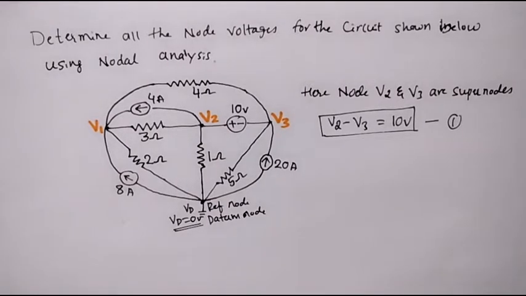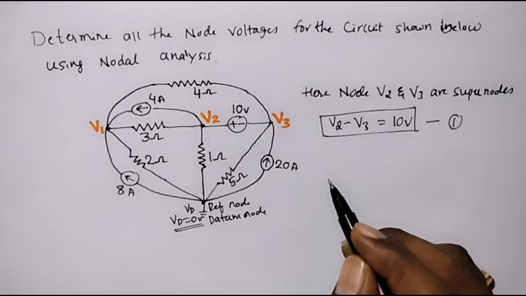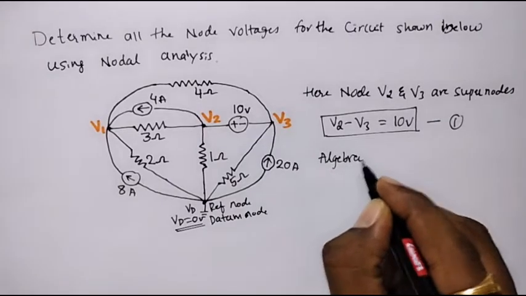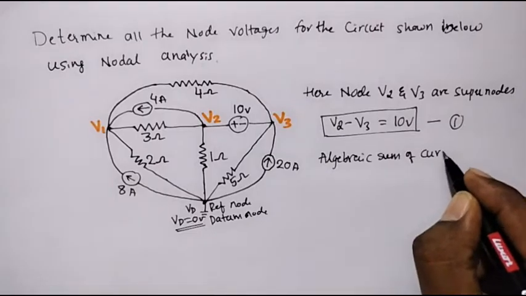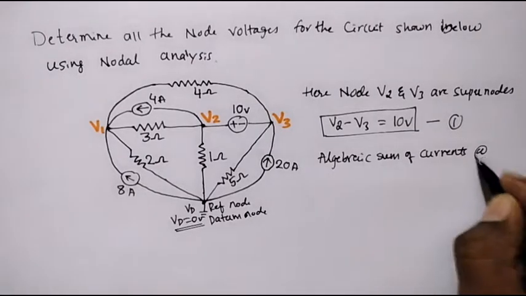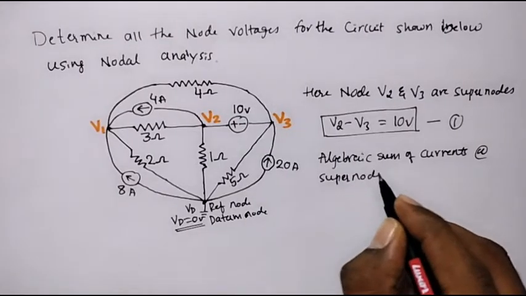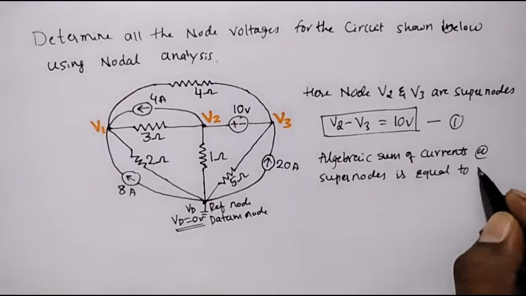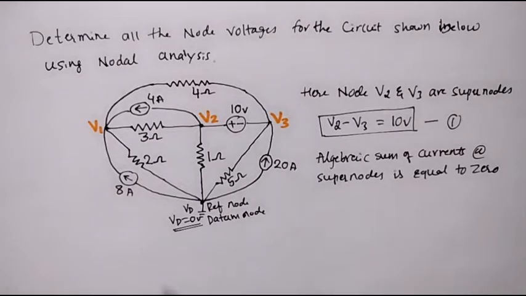We remember that the algebraic sum of currents at a supernode is always equal to 0.